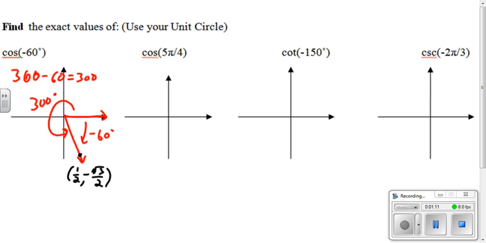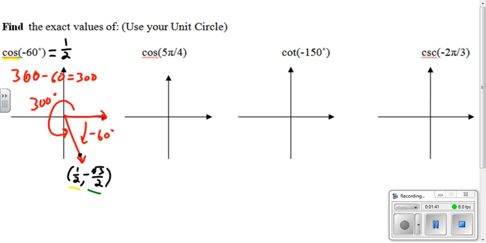Remember, once we have our coordinate points, we know that the x-coordinate is our cosine, the y-coordinate is our sine, and we were asked for the cosine, so we just need the x-coordinate here. So the cosine of negative 60 degrees is just 1/2. So luckily, because we have our unit circle, it's literally just that easy. It's matching it up and writing it in.